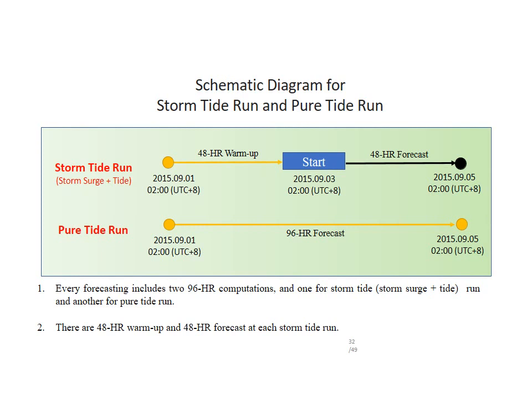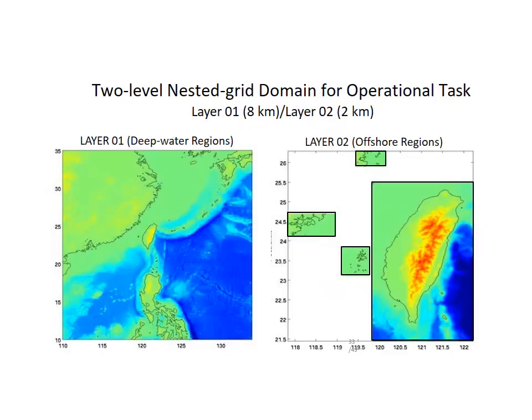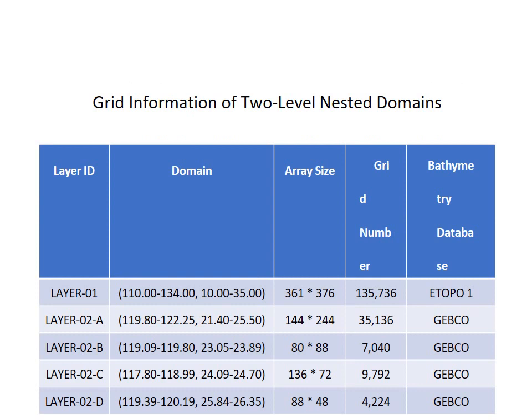If the typhoon is leaving, we exit this cycle. The inputs for the storm surge modeling are the meteorological forcing and tidal boundaries. The results are 48-hour time series for storm tide and pure tide at the specified tide locations, and two-dimensional products to see the storm surge propagation and the dangers.